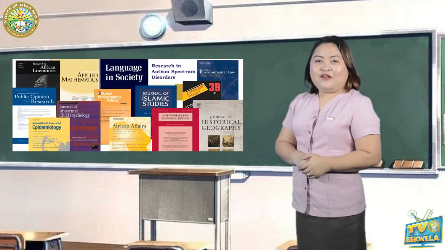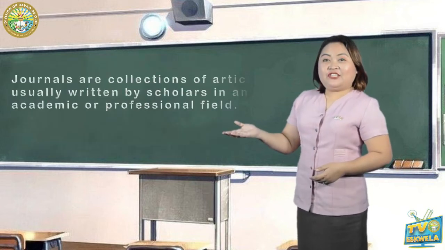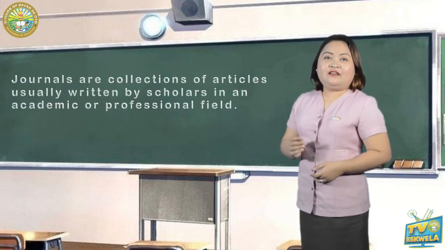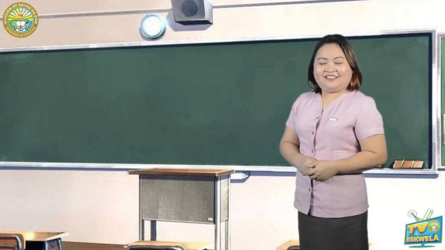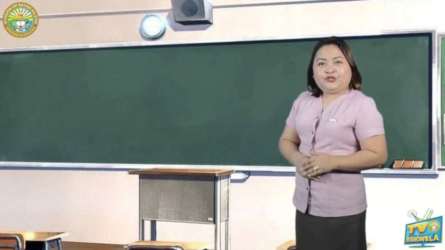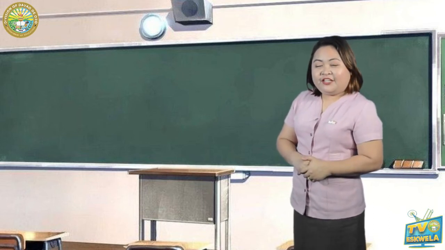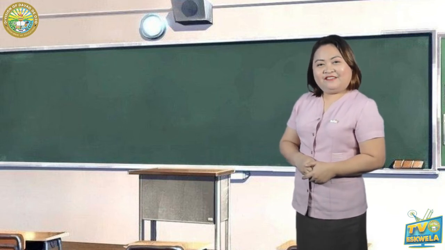Next, we have journals. Journals are collections of articles usually written by scholars in an academic or professional field. But wait! Do not confuse this with journal entries, which I believe you are very familiar of.